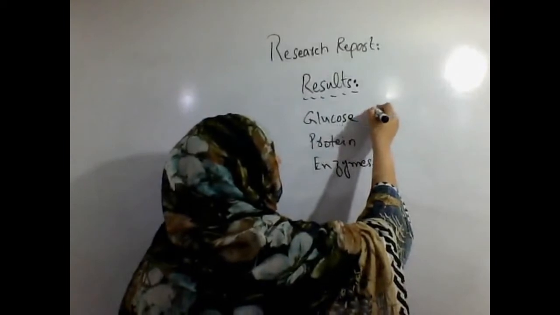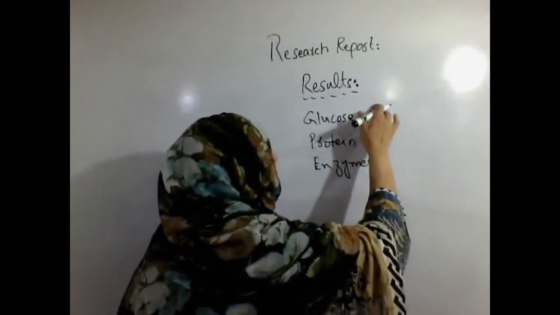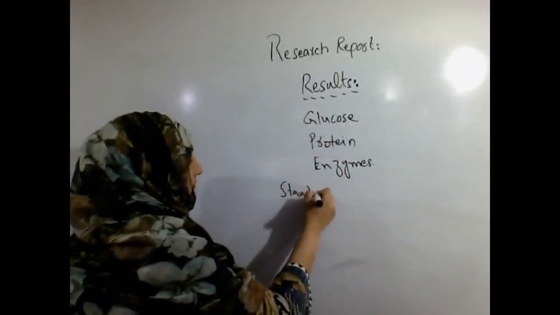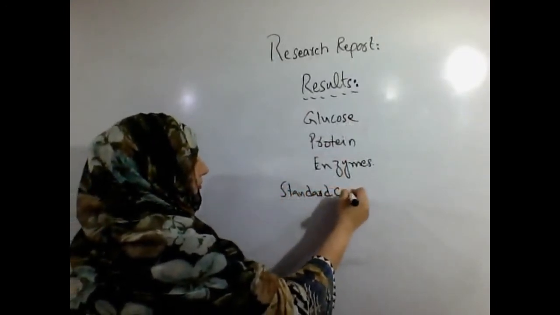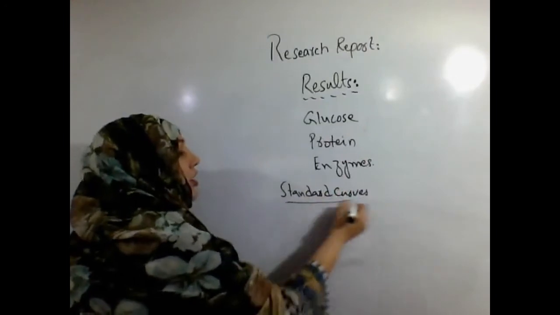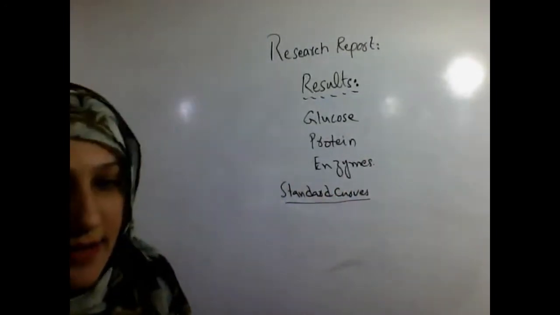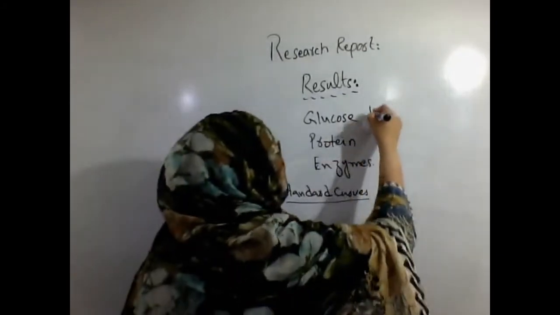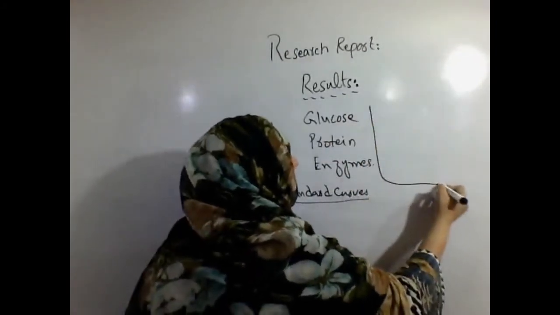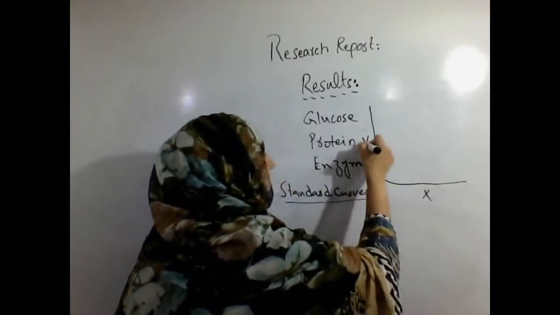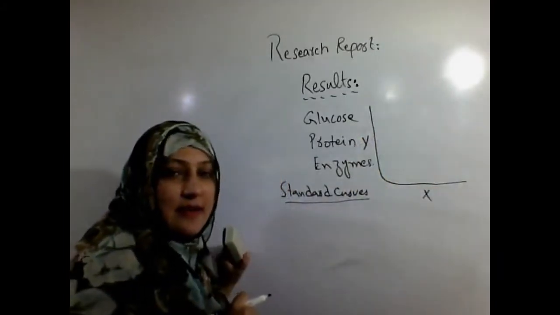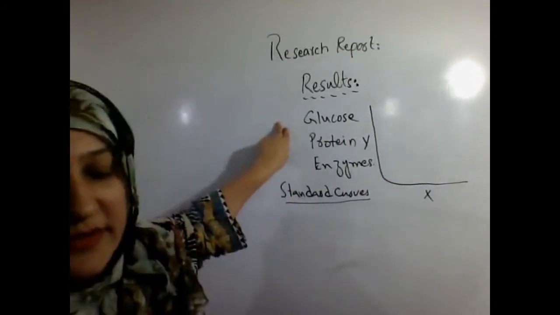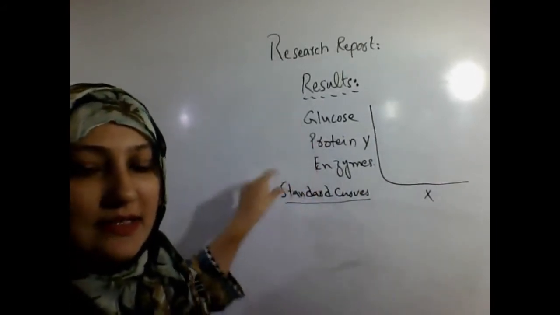You must have the standard curves of all these things. What are the standard curves? You must learn about the standard curves. When you calculate the amount of the unknown sample, you have to run the standards with this unknown sample.